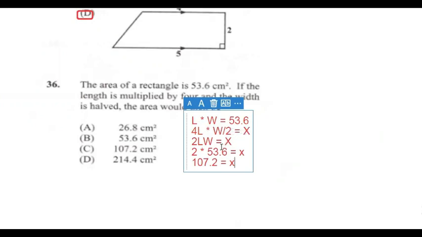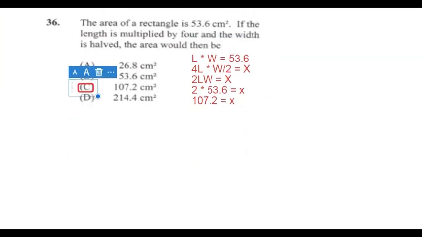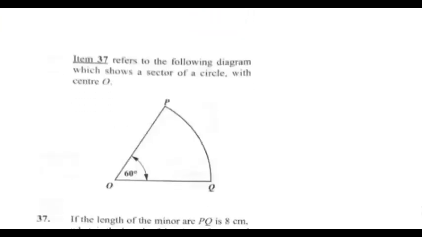We can simplify: 2 into 2 goes 1 times, 2 into 4 goes 2 times, and we're left with 2 times length times width is equal to x. We know what length times width is from the first equation, 53.6, so 2 multiplied by 53.6 is equal to x, and therefore x is 107.2. And we are moving nicely along.